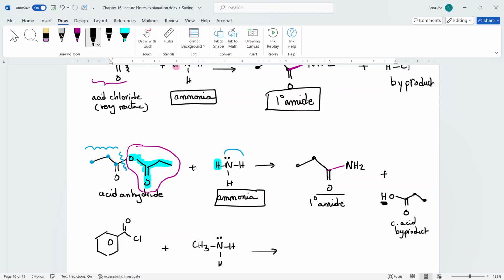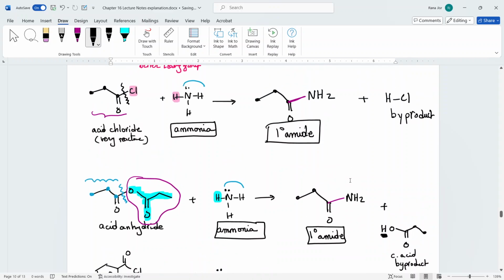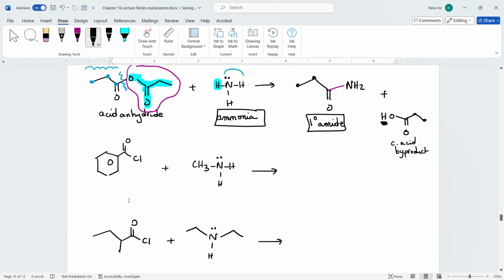So to make a primary amide, I have to start with ammonia and any carboxylic acid derivative. Let's have another example. Here I'm starting with a primary amine. Notice the difference. The rule says that if you're starting with a primary amine, every time you're going to be losing a hydrogen. So your product is going to be a secondary amide in this case.